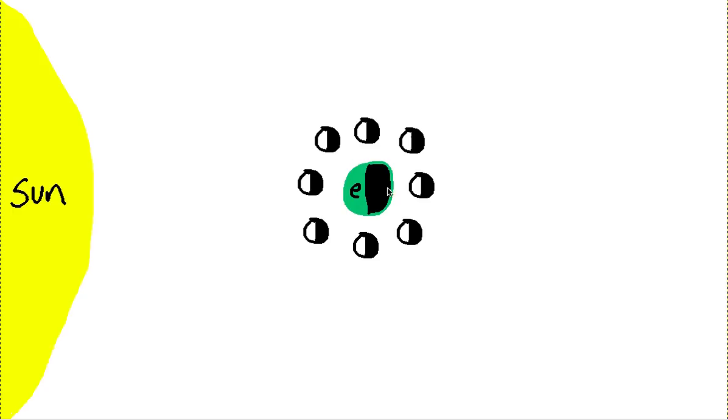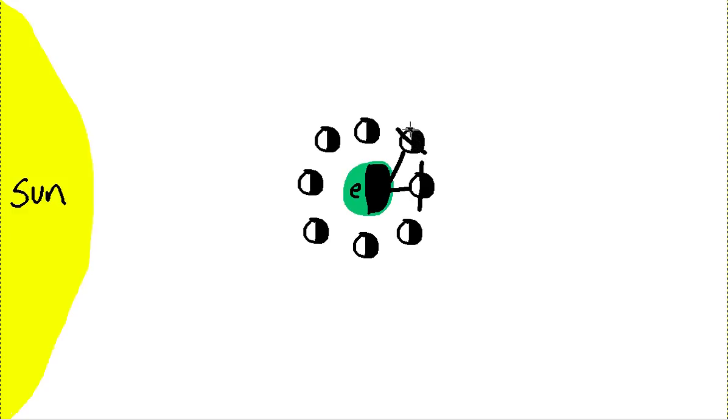So if I'm on Earth and I'm looking at the moon, I can only see this half of the moon because it's casting a shadow on itself. This line right here represents my line of sight. If I'm at that same position and I'm looking at the moon, I can see only this half right here.